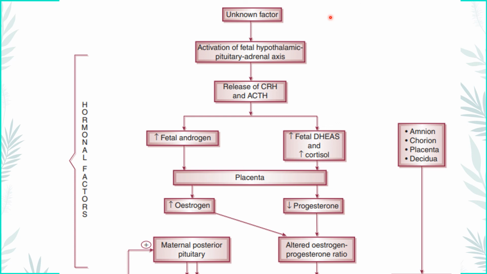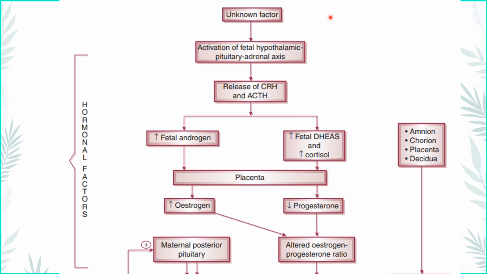These changes lead to an altered estrogen progesterone ratio. The altered estrogen progesterone ratio also causes an increase in the release of oxytocin from the maternal posterior pituitary, an increase in the number of oxytocin receptors in the myometrium, and an increase in prostaglandin synthesis.